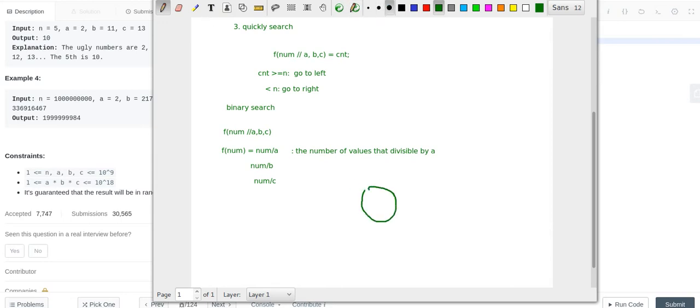For example, in this circle diagram, this is a, this is b, and this is c.